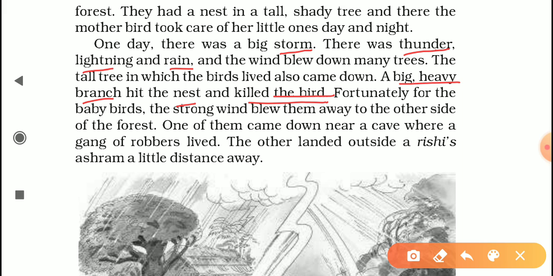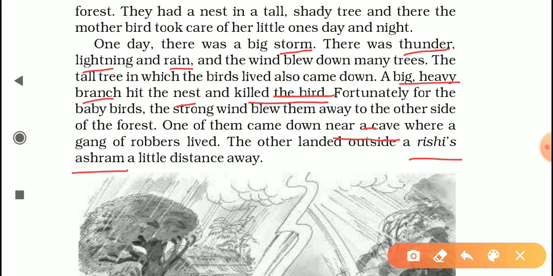But it was fortunate, a happy event for the baby birds. Why? It was fortunate for them because they did not die. The wind carried them and put them somewhere else. One of them landed near a cave and the other near an ashram.